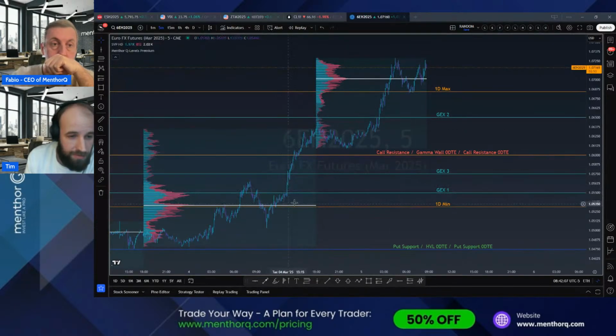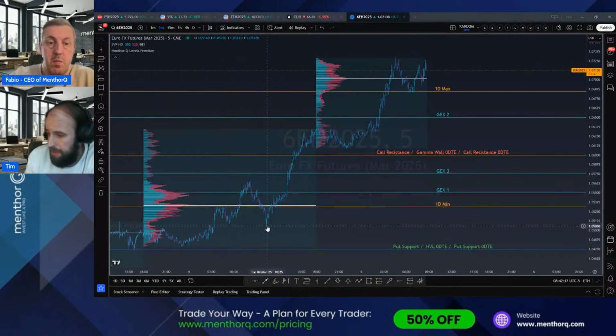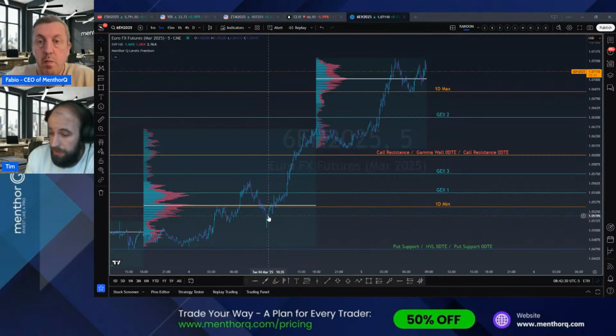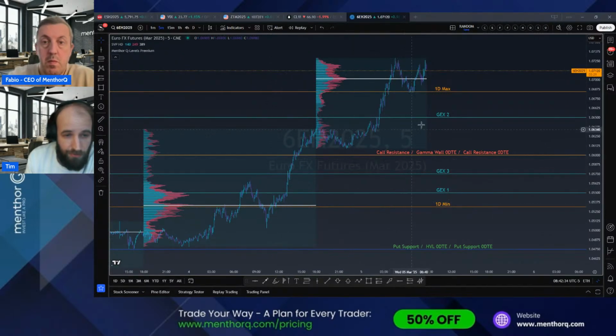This level was really important. We mapped this out with our MenthorQ stuff. We have seen confirmation, and we can also say from the volume traded over here that those levels down here from yesterday, 10:20, 10:25 a.m., got bought pretty significantly, right?